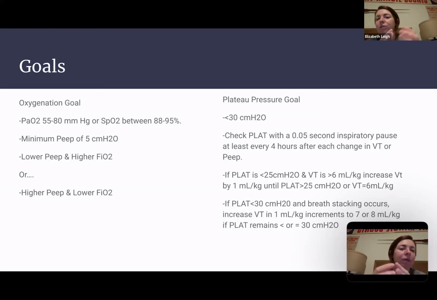So minimal PEEP is really important because we don't want to add excess pressure. Typically, you'd see a minimum PEEP of 5 centimeters of water, and then either a lower PEEP and a higher FiO2, or a higher PEEP and a lower FiO2. And when they say higher PEEP, I still think they're referring to the lower end of high.